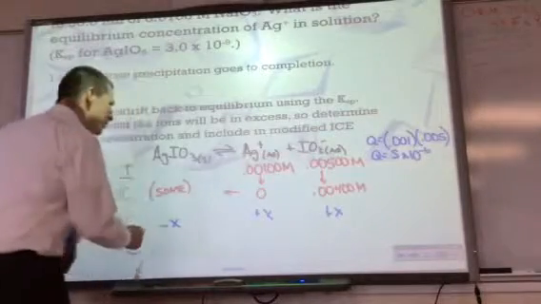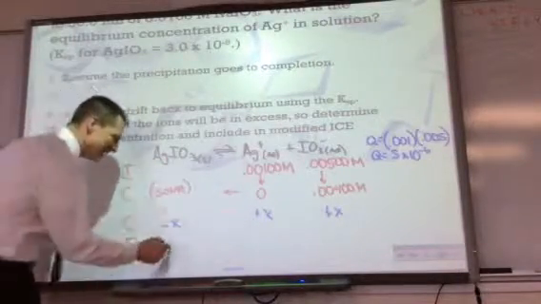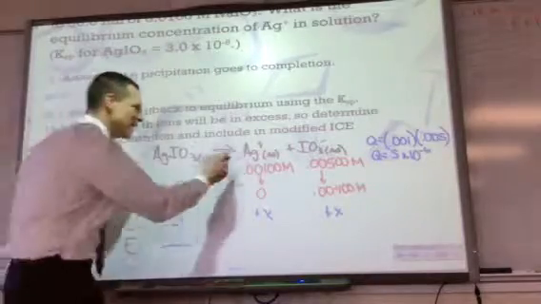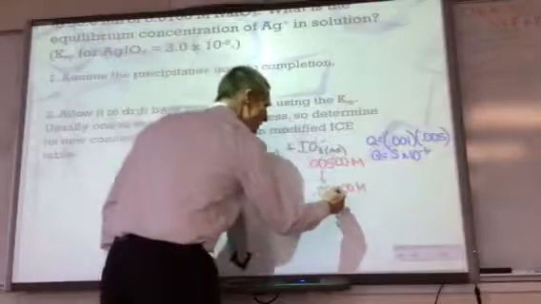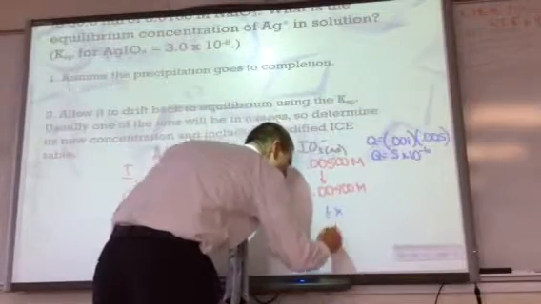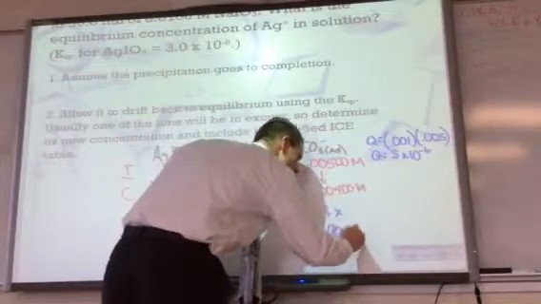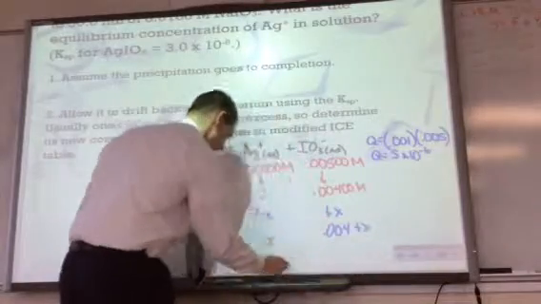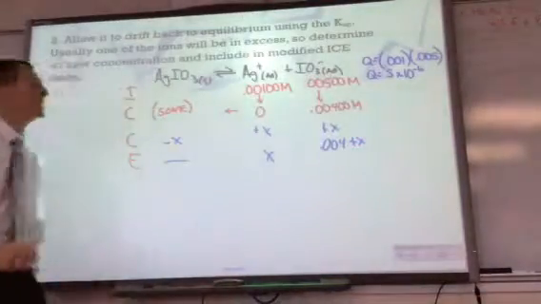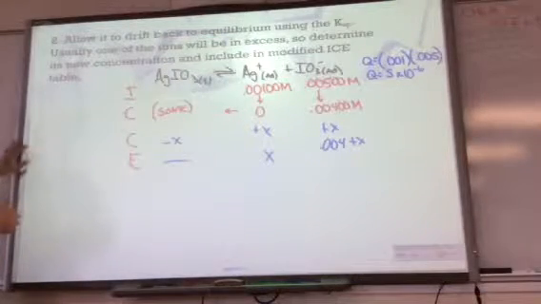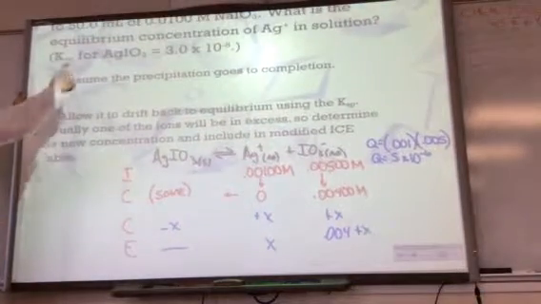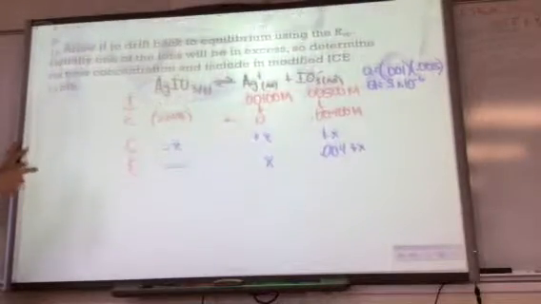All right, so at equilibrium, again, this is a solid, so we really don't have a concentration of it. That silver started at 0 and went up by x. The iodate started at 0.004 and went up by x, so it's 0.004 plus x. Okay, and now, finally, we can do the calculation. The KSP is 3 times 10 to the negative 8.